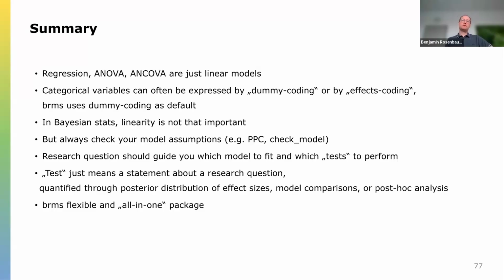In Bayesian statistics, you should check your model assumptions. The model assumptions for the linear model, we covered them already. They are these four steps: independent observations; the model should follow this linear trend; the residuals are normally distributed; and the standard deviation doesn't change.